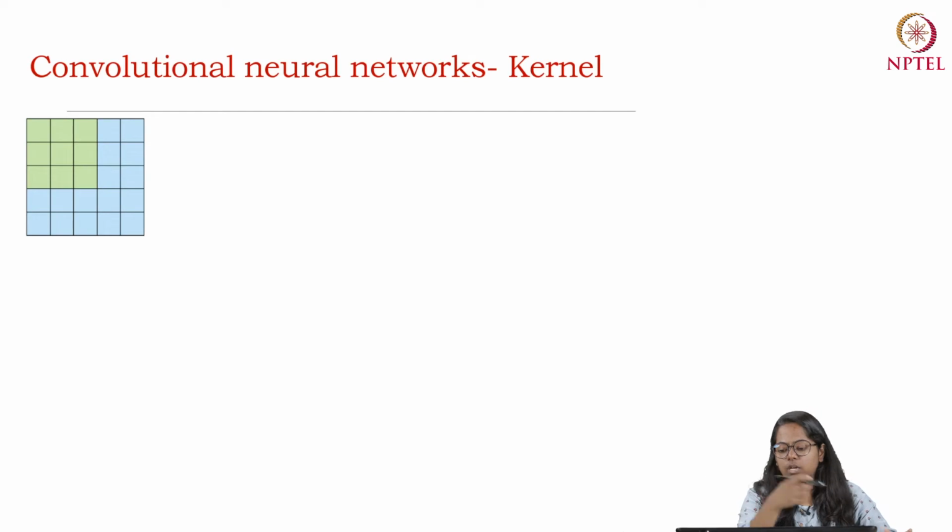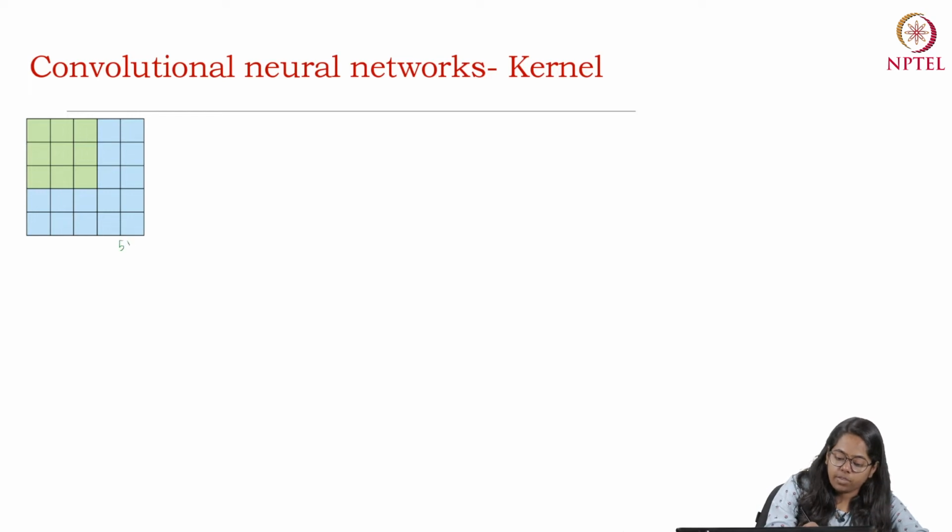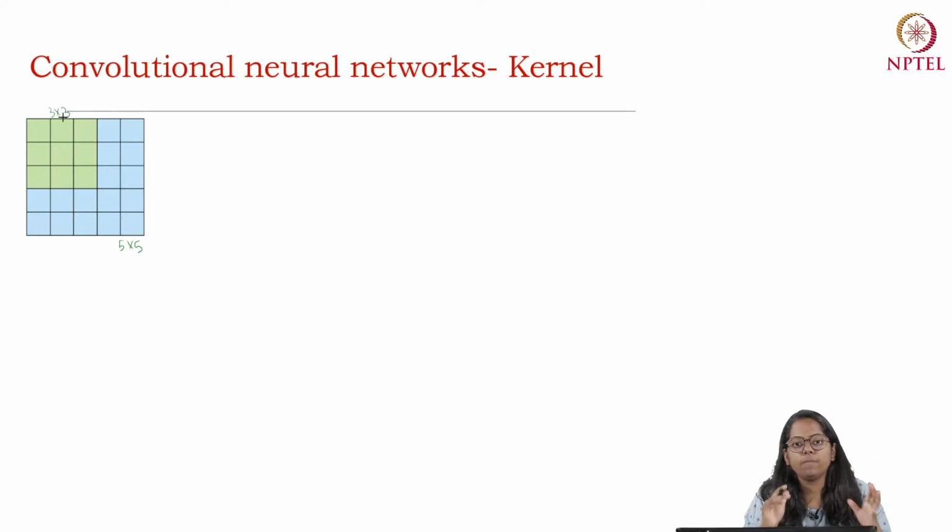Now, as we already saw, but let's just see again, how does this convolution work? Suppose this blue matrix represents the image, the different pixel values of an image. So we have here a 5x5 image, and this green one represents the filter. So we have a 3x3 filter here, which we are applying over this image.